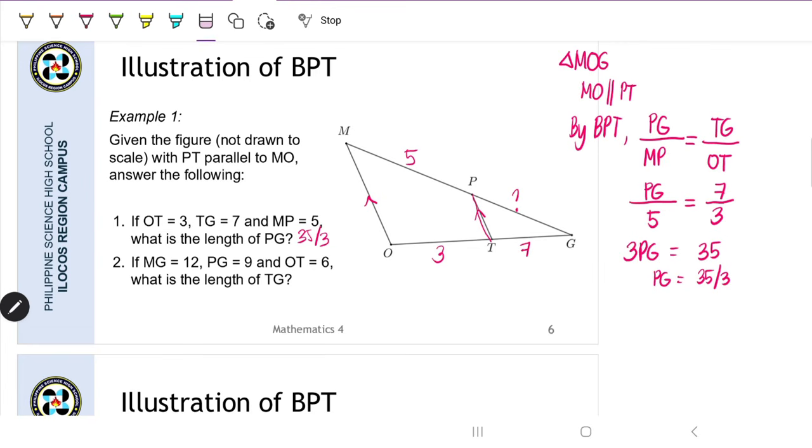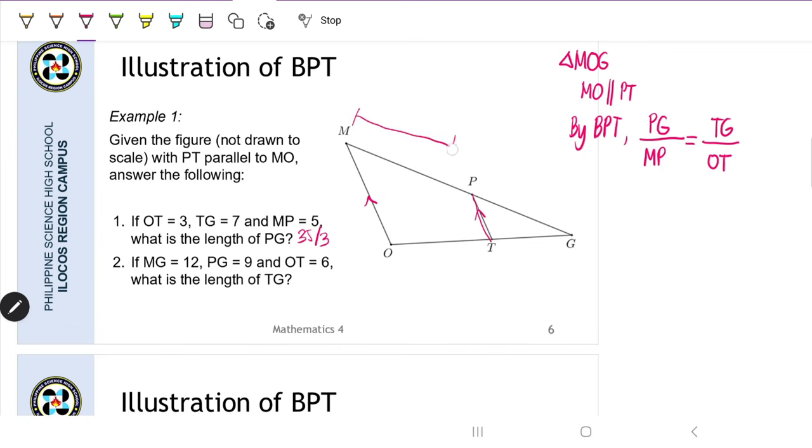So for item 2, the values have changed. MG is now equal to 12. The whole length of this side is 12. PG is now 9. OT is 6. And we are going to find the length TG.